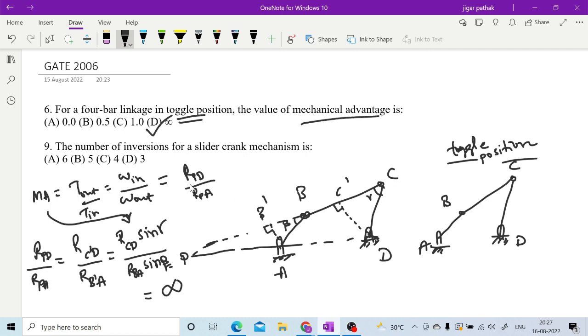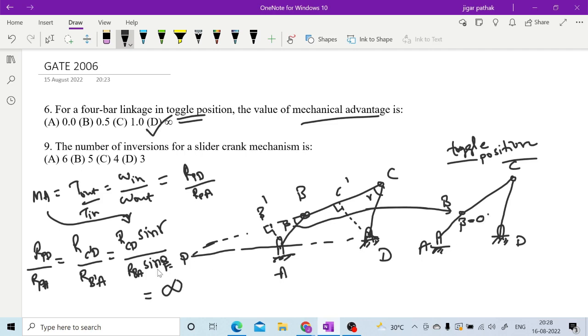Sir, please explain the last point again, this r_CD sine gamma by r_BA sine beta. Yes, after this, see what you have to do is you have to calculate your mechanical advantage in toggle position where this beta, right, this beta actually is becoming 0 or 180, you can say beta is becoming 0 degree.